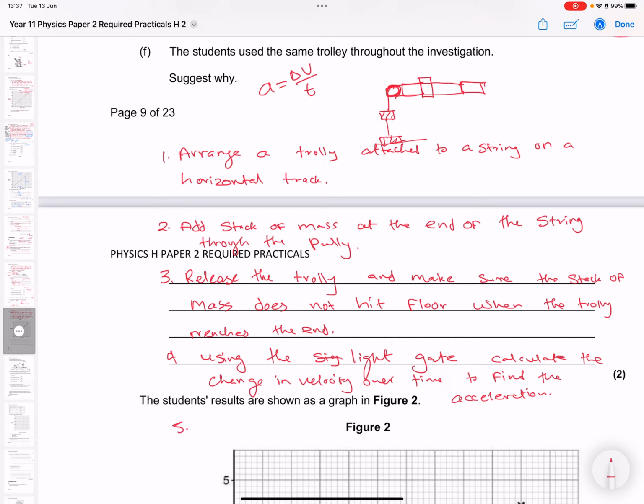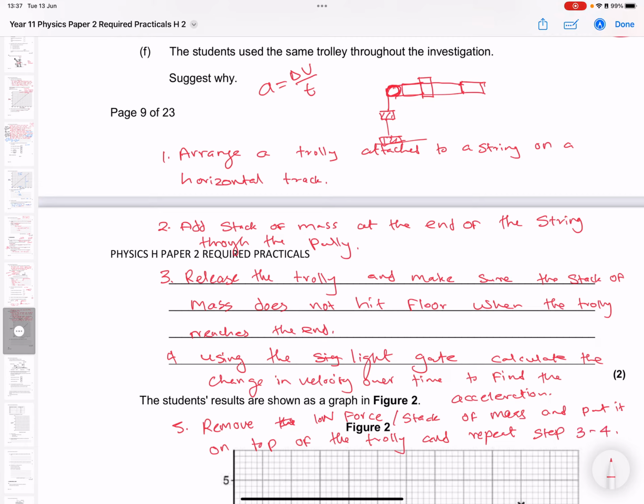And then what you're going to do, remove 1 Newton force or 10 Newton force of the stack of mass, and put it on top of the trolley and repeat steps 3 to 4.